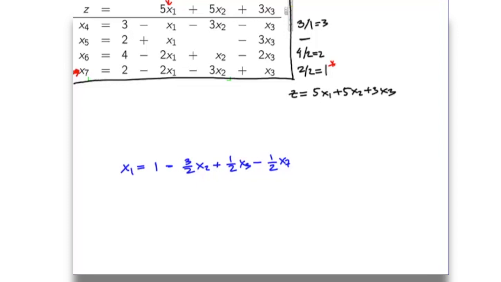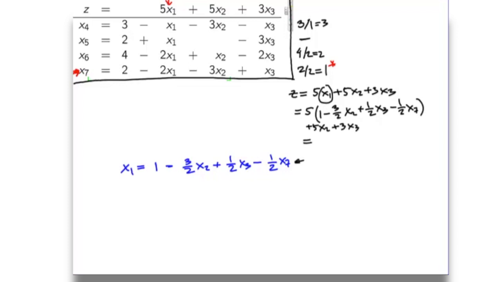Let's replace x1 with the expression for x1 that we have from here. So we'll have 5, instead of x1 we are now writing 1 minus 3/2 x2 plus 1/2 x3 minus 1/2 x7, and the other two terms are still remaining, 5x2 and 3x3.